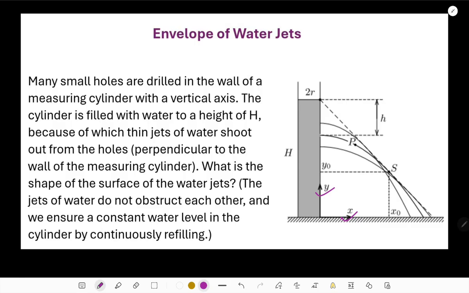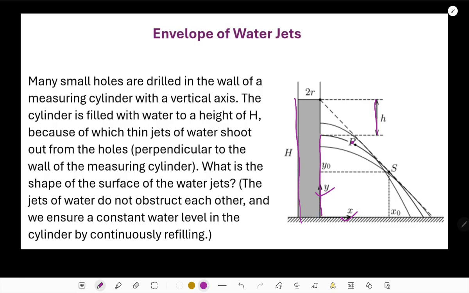Let us find a relationship between the coordinates x, y of an arbitrary point. This arbitrary point is P, I guess. It started from a height h minus h, you can see here. So its height is h minus h.